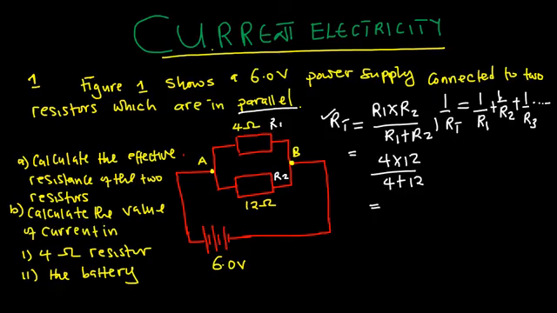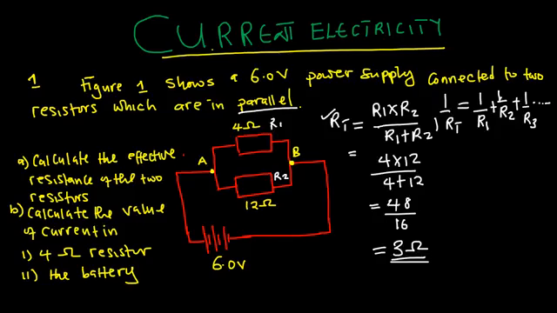Is it 48 or 42? It is 48. What about if you add them? You're going to find 16. Now you are dividing 48 by 16, and it's going to give you 3. You are finding a resistance that is 3 ohms.